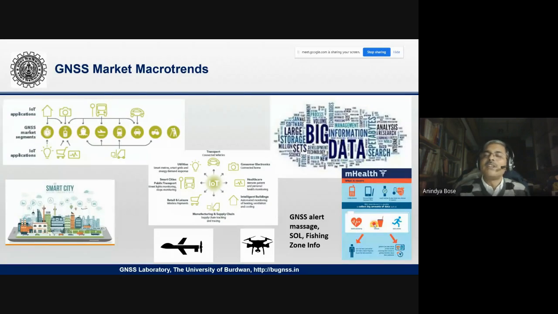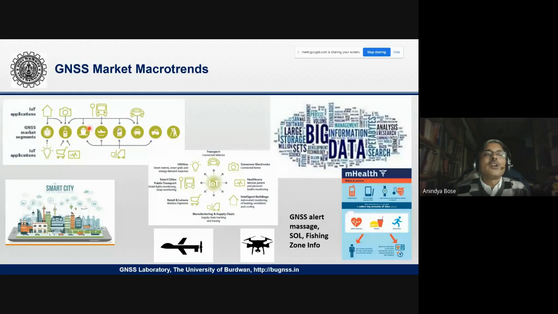Before the 2020 pandemic, we did not have much belief in mobile health. But now mobile health in many cases has saved lives. Every time, the location of the health caregivers and the location of the patient are very important to get them connected by the shortest route, in the shortest time. So there comes the need for GNSS, and a huge market is coming up for IoT applications.